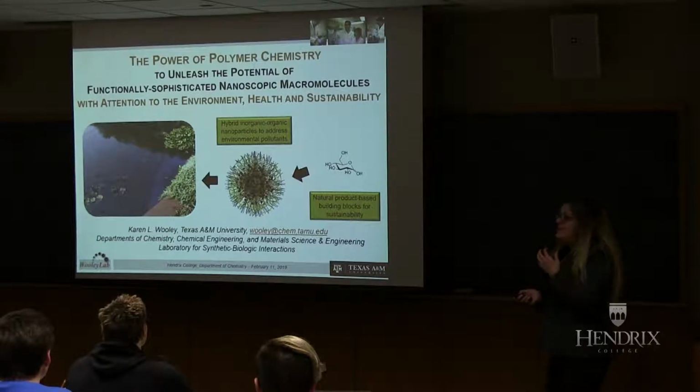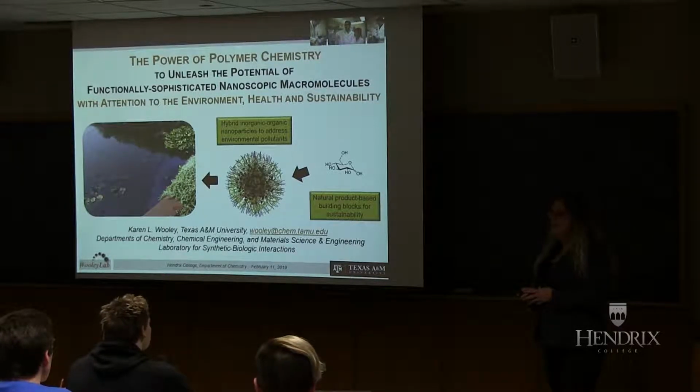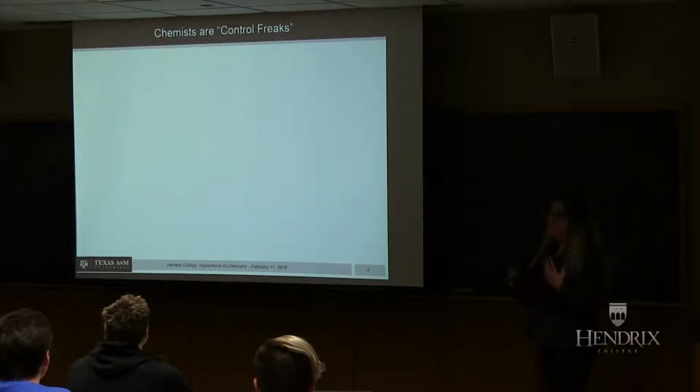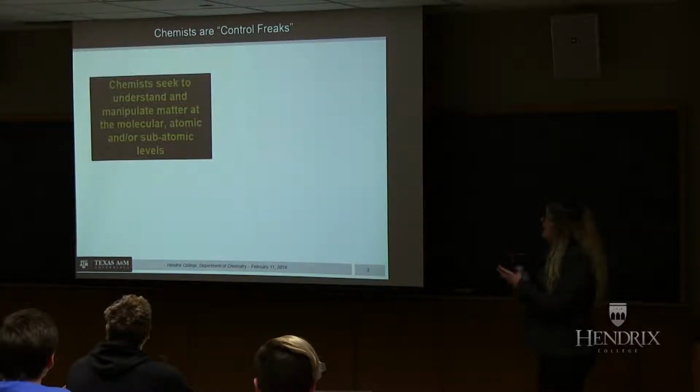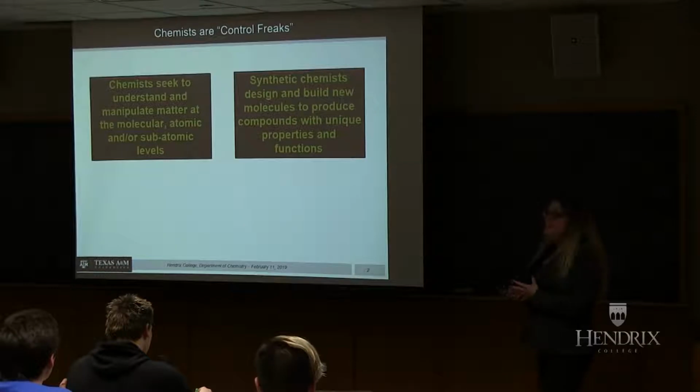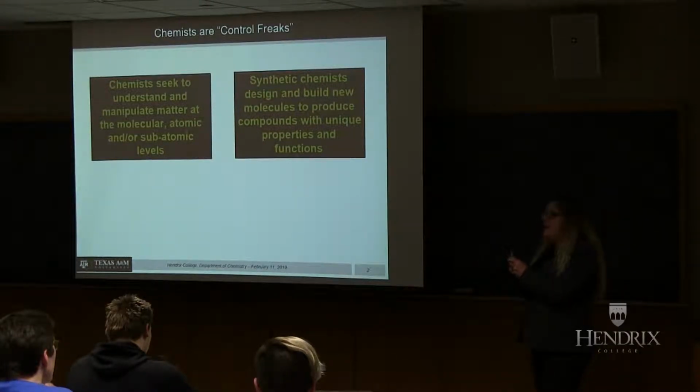But as I was discussing with some of you today, a little bit of my philosophy is that I think that chemists are control freaks. Like we like to control everything. I would say that chemists seek to both understand and control matter at the molecular and atomic scales. If we contrast that with synthetic chemists as a specific focus area, they design and build molecules.